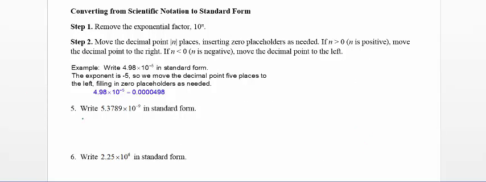Now I want to write numbers in scientific notation in standard form. So in the first case, I copied down the 5 digits of the number, and this number is multiplied by 10 to the negative 9th. So I'm going to need to move the decimal in the 5.3789 9 places to the left.